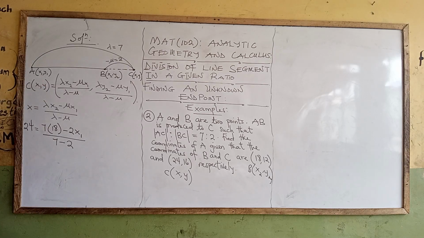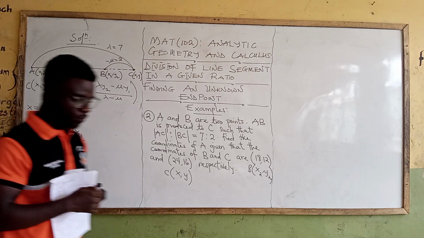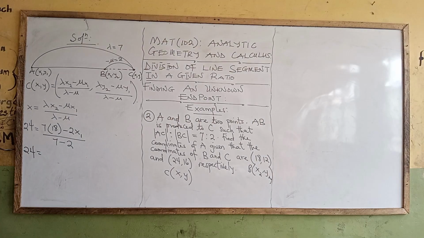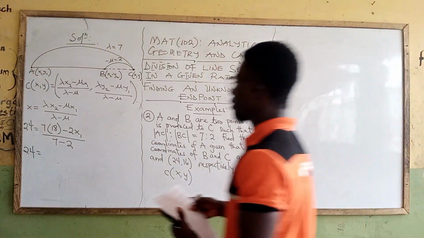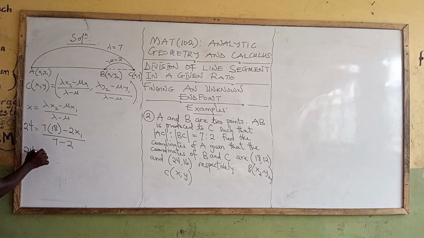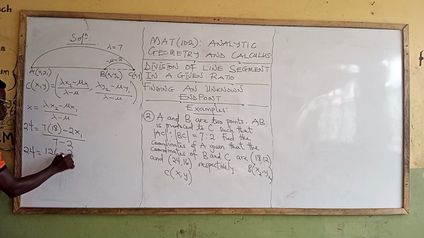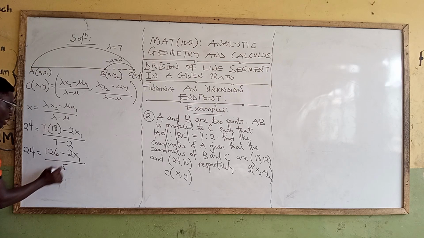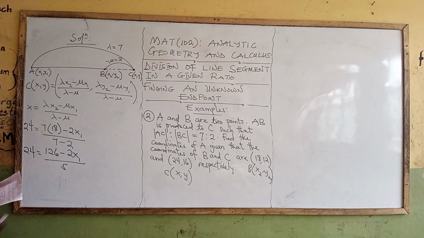So now, let's see. So I have 24, which must be equal to 7 times 18, we obtain 126. Let's proceed. 126 minus 2x1 divided by here we obtain 5. Right. So we multiply 2 by 5.